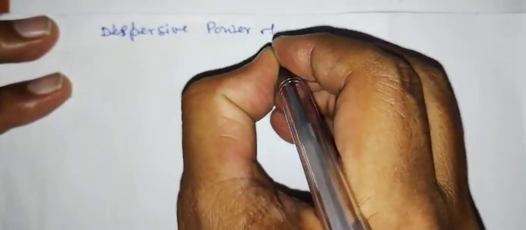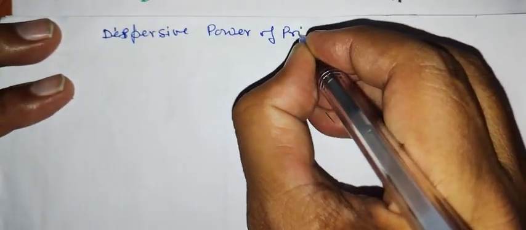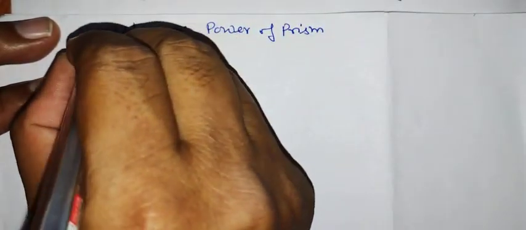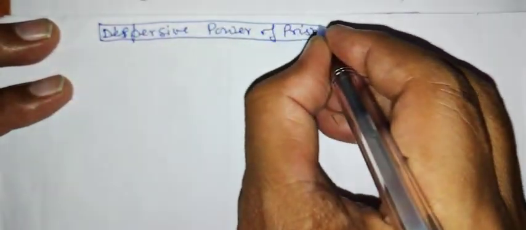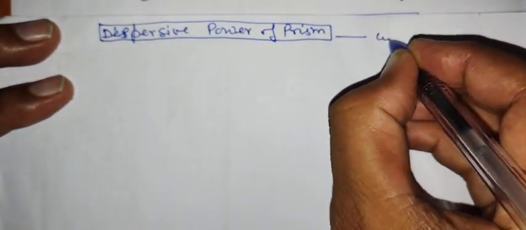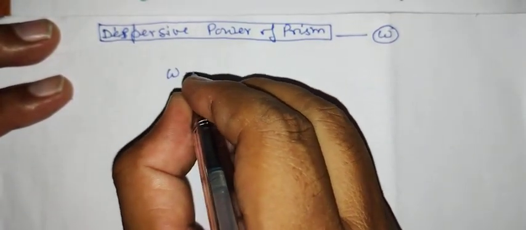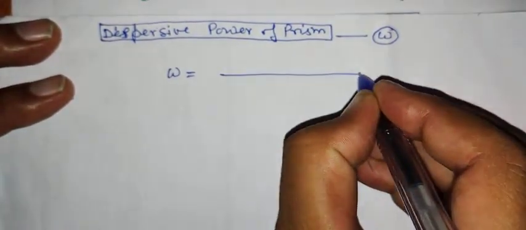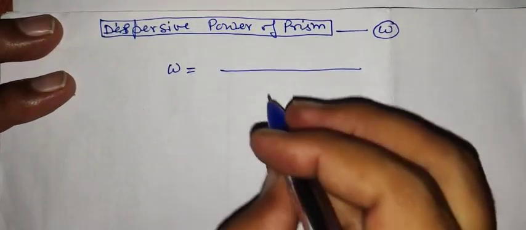Now it is time to see the dispersive power of the medium, the prism. Dispersive power of a prism is denoted by omega. This omega is a ratio of two things.